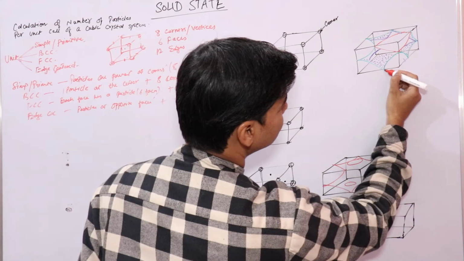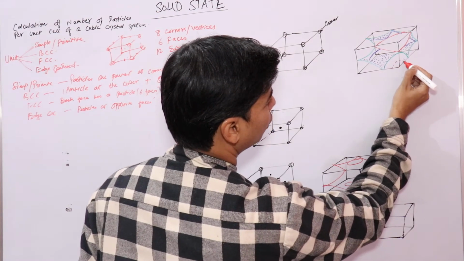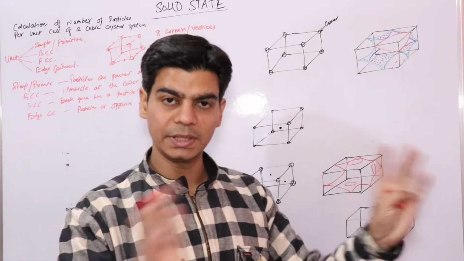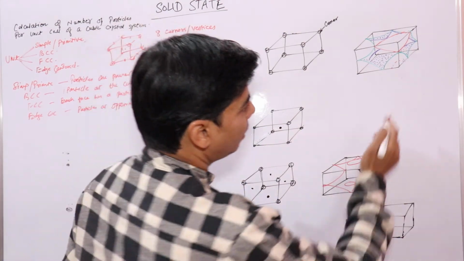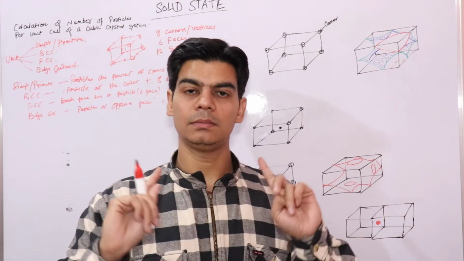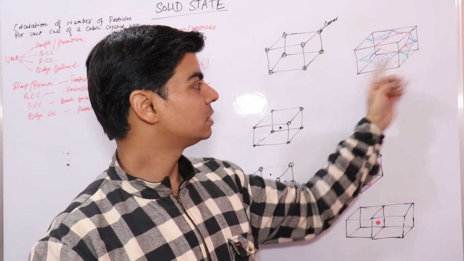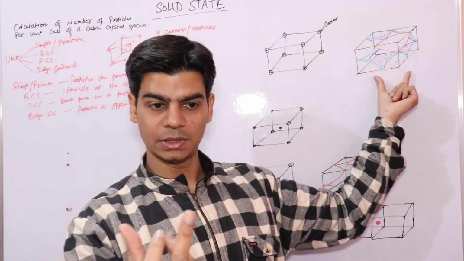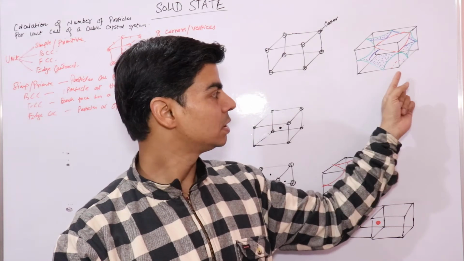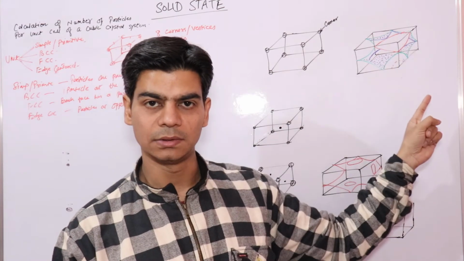So if you look, this is one of the corners of a unit cell, and remember that this unit cell is in 3 dimensions. So in all 3 dimensions, x, y, z axis, you have unit cells touching this particular unit cell.